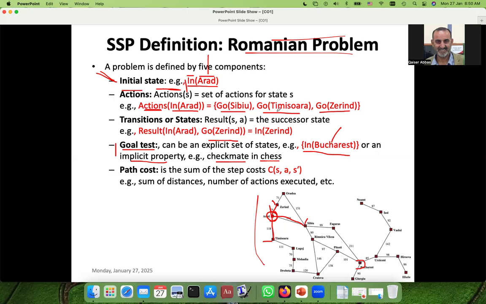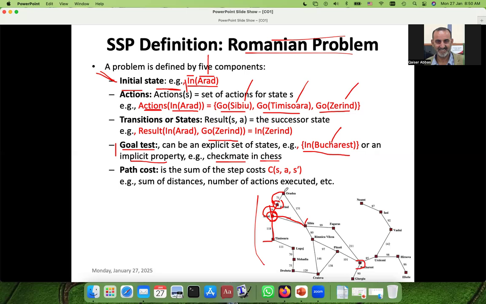So how can you write it? You can write in this way, or in any format. You can write actions in Arad, and then write Sibiu, Timisoara, Zerind directly in one line. Similarly, take any other city, like Zerind. What are the actions? One is back to Arad, the other is to Oradea.